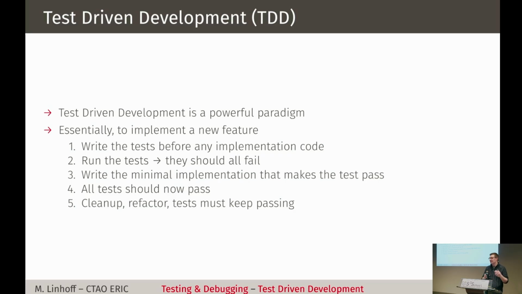So you don't implement something and then write tests to check that it works, but actually you think about your problem, you plan how the API of your function should look like and what the inputs and the outputs should be, and you write the tests for this before you even start writing the actual code. And then you have a bunch of tests, or maybe a single test, that should all fail because you haven't implemented anything yet.